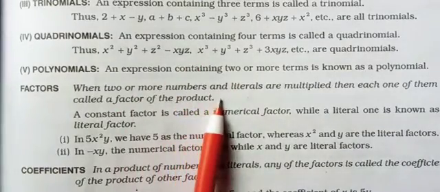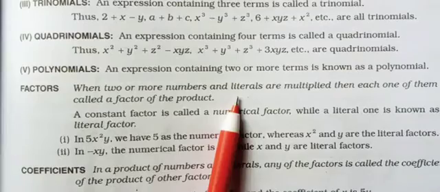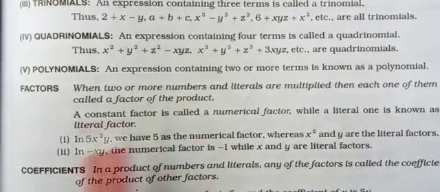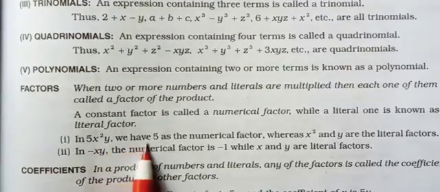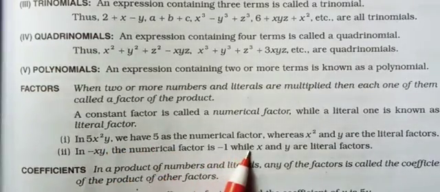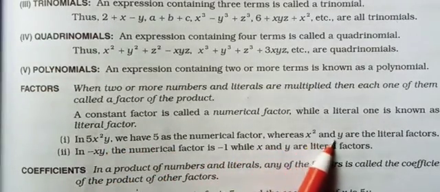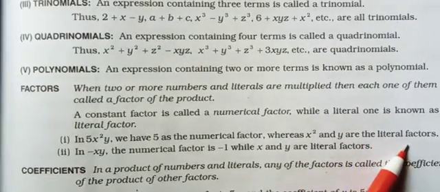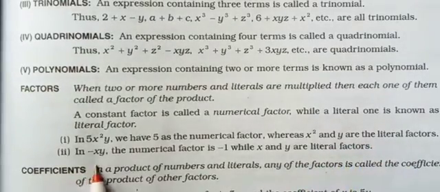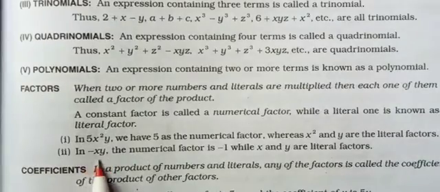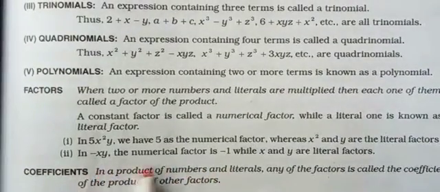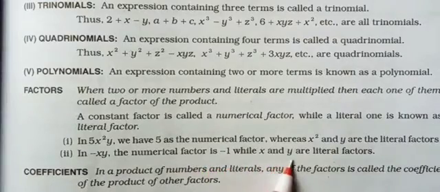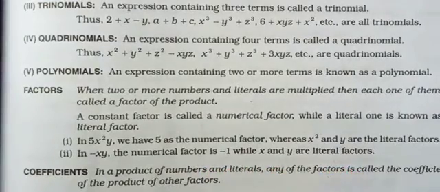Suppose we multiply 5x square y, so we have 5 as the numerical factor, whereas x square and y are literal factors. Understand that? Next, in the term minus xy, that is minus 1 into x into y, the numerical factor is minus 1 here, and x and y are the literal factors.